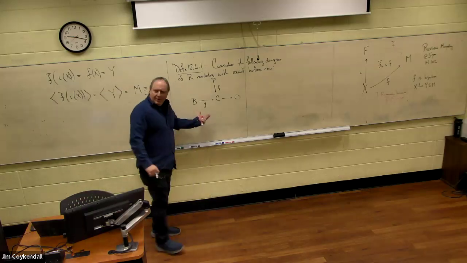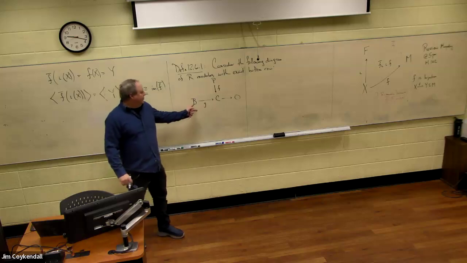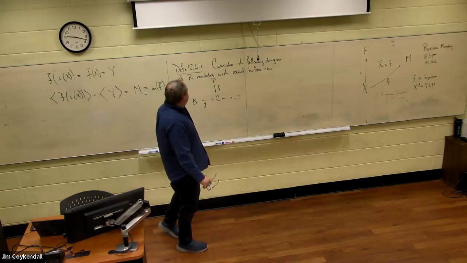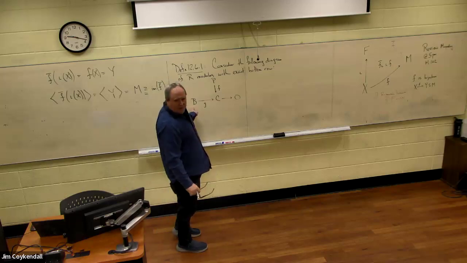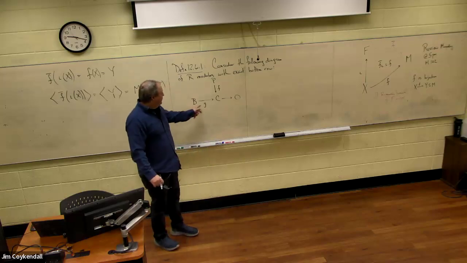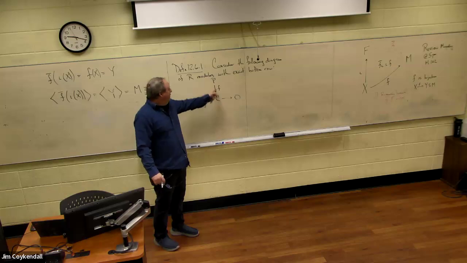So the exact bottom row business, all that means is the homomorphism from B to C is onto. So here's what needs to be projected. In a certain sense, you might think of B as bigger than C, right? Because this is an onto map.